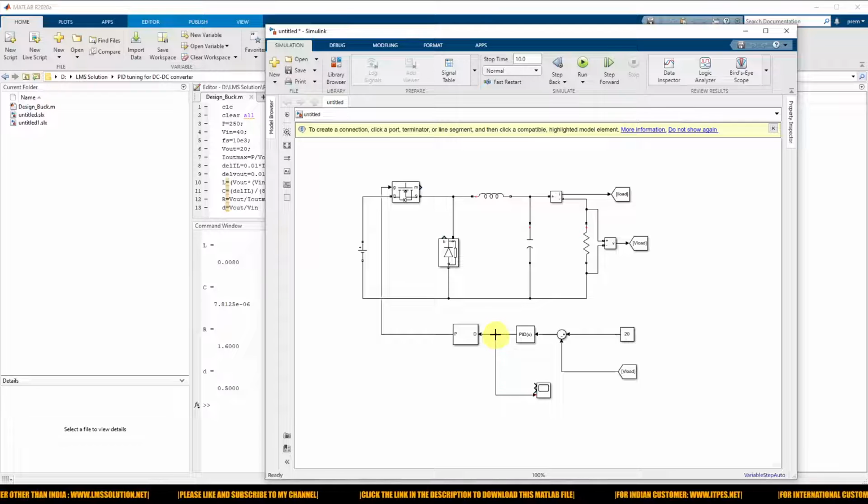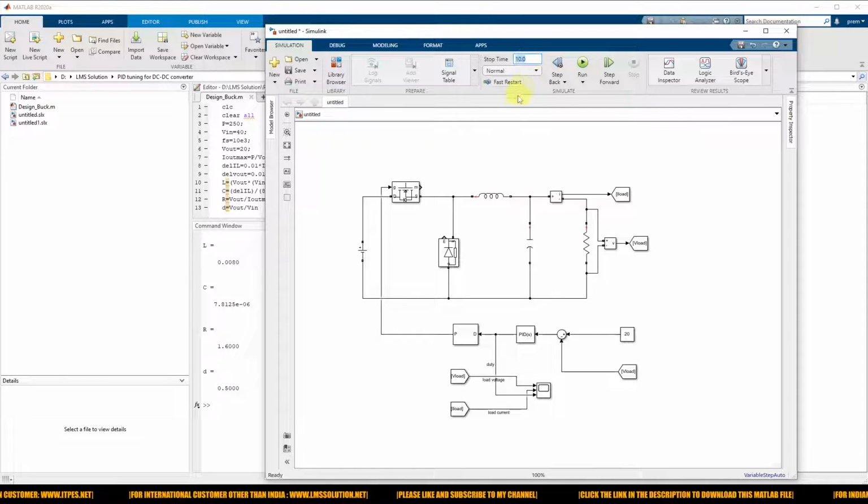So this is duty cycle, and then I'm going to measure load voltage, and then load current, right? I'm going to fix the stop time at 0.5 seconds, and then you have to check the results.